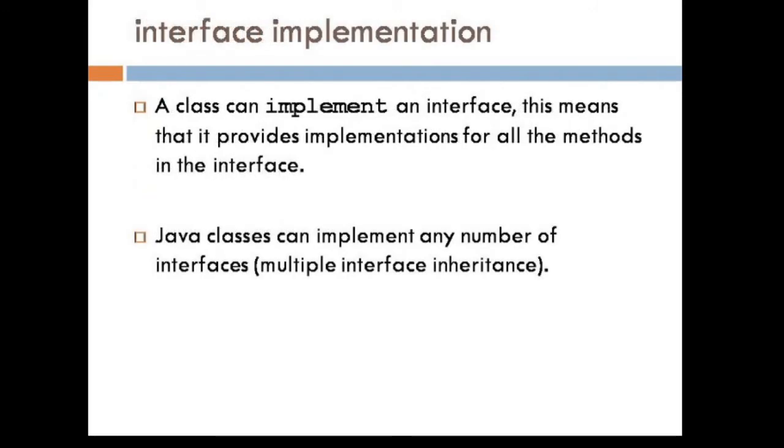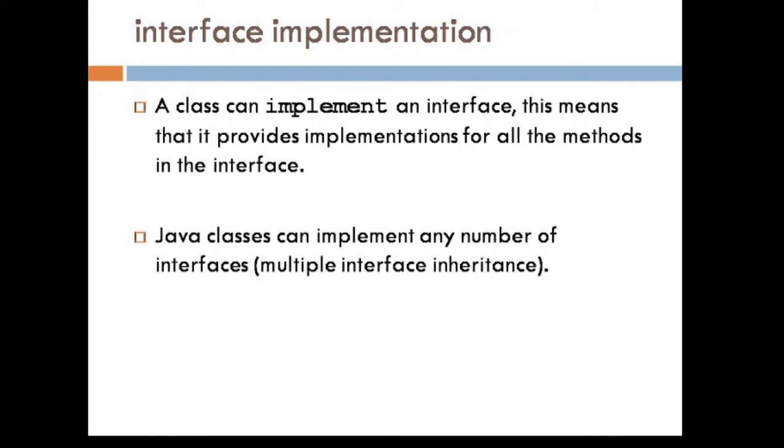A class can implement an interface. This means that it provides implementations for all the methods in the interface. Java classes can implement any number of interfaces, that is, multiple interface inheritance. So you can be asked whether Java supports multiple inheritance or not. In the case of inheriting through classes, it does not support multiple inheritance. As far as class inheritance is concerned, it only supports single inheritance and multi-level inheritance, but not multiple inheritance.